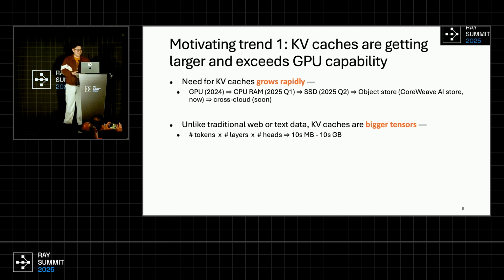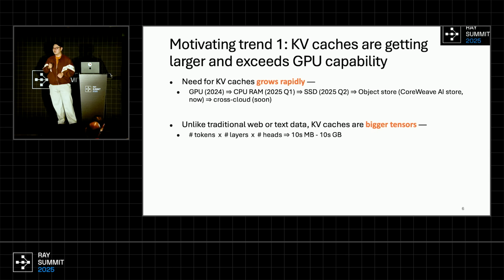This kind of data, KV caches, is very difficult to handle because, unlike traditional web or text data, KV caches are much bigger tensors. For each request we have thousands of tokens, and the size of the KV cache typically scales to gigabytes, just for one single request.